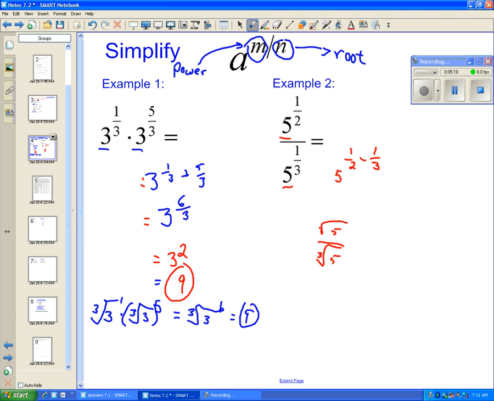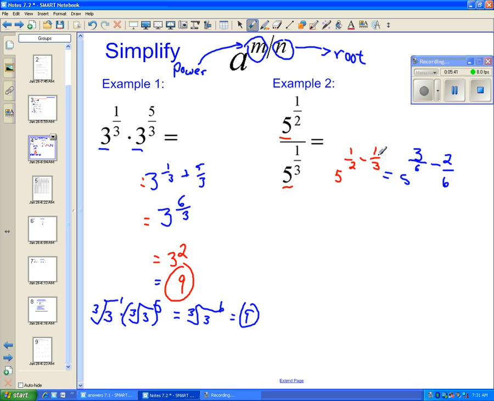There's nothing in roots that allows me to do that problem. But since I can make this into fractions, I can get a common denominator. The common denominator for 3 and 2 is 6. So 1/2 is the same as 3/6. 1/3 is the same as 2/6.